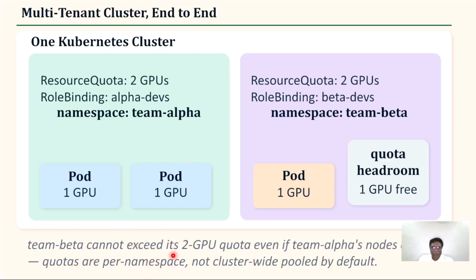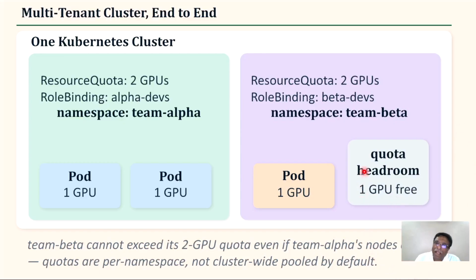The intention of showing this is: here 2 GPUs are already allocated and 2 pods are running, and here one pod is running and the quota says 1 GPU is free.